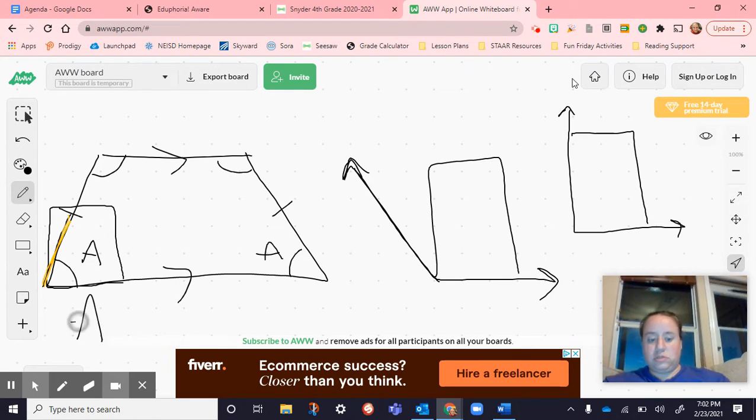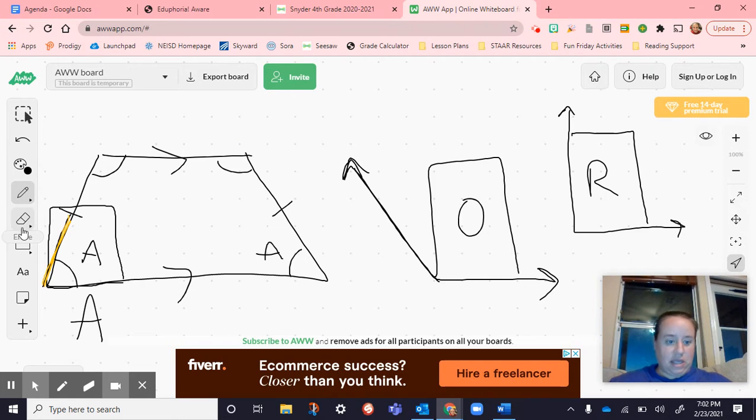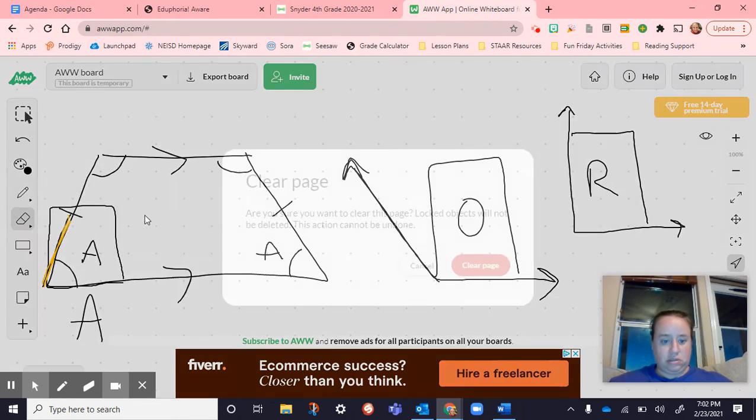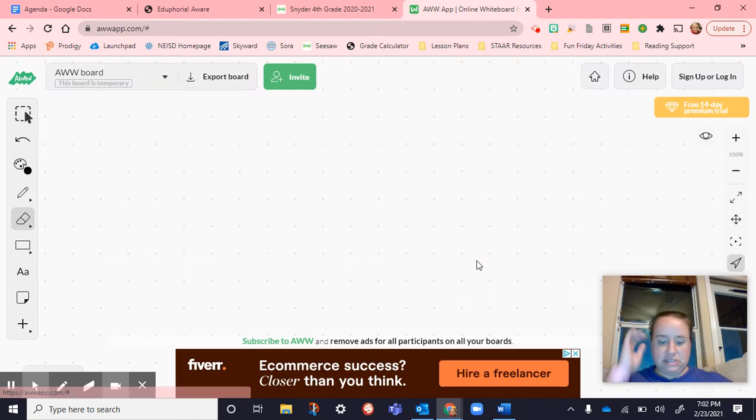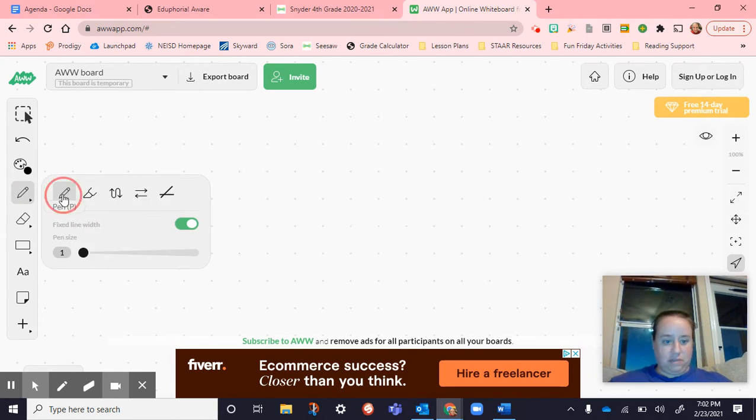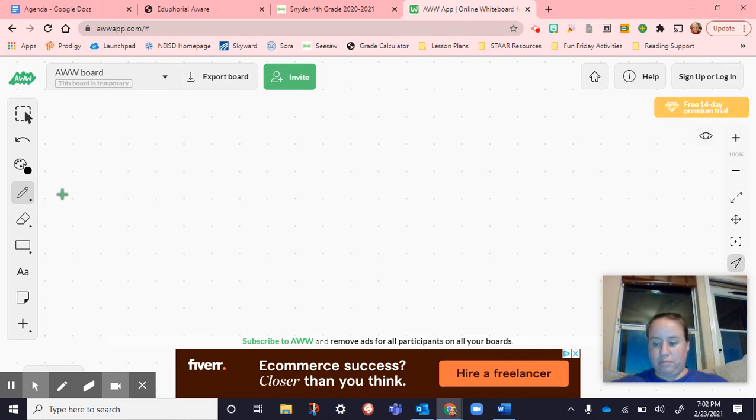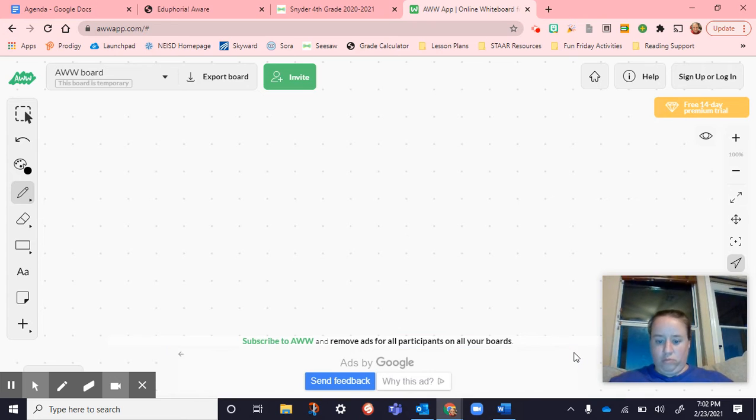So: acute, obtuse, and right. I like using a notecard because it's easy to move and small enough to manipulate. Find a Post-it note, notecard, or piece of paper, something that helps you check those angles.